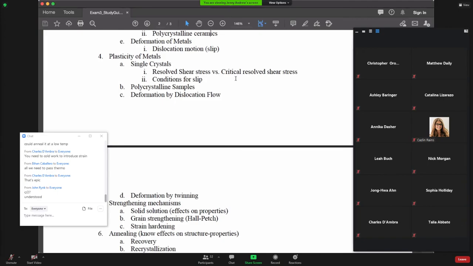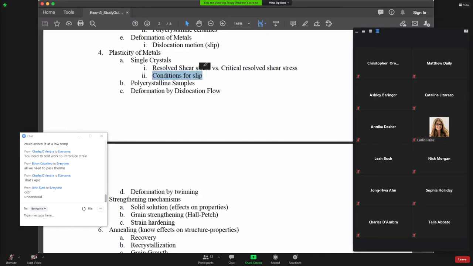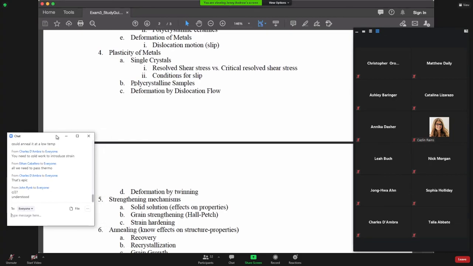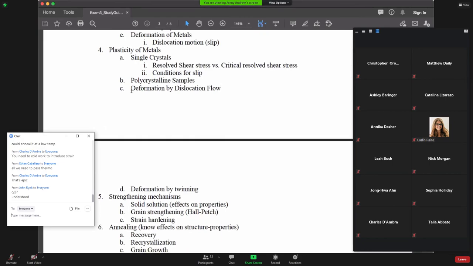Critical resolved shear stress means the stress in that plane is now high enough for a dislocation to move, okay? And that corresponds with yielding. So that's when your conditions for slip are met. Polycrystalline samples, deformation occurs first in the grains most favorably aligned for slip. And then, of course, the deformation continues due to the motion of dislocations.